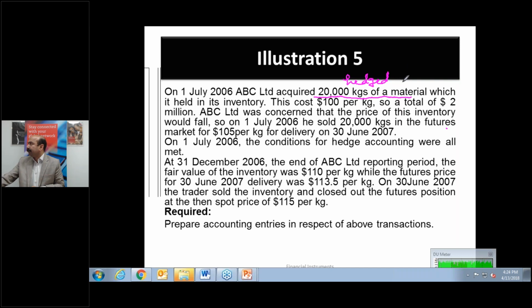Hedged item. Sir, one of our attendees has requested to kindly recall the conditions of hedging.